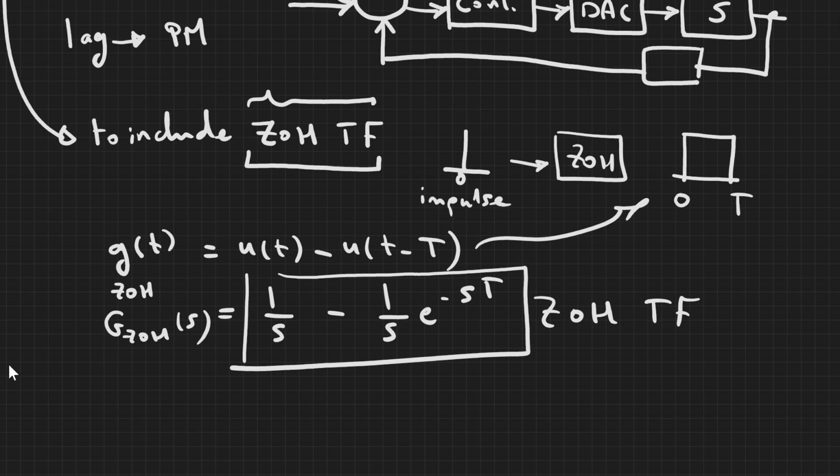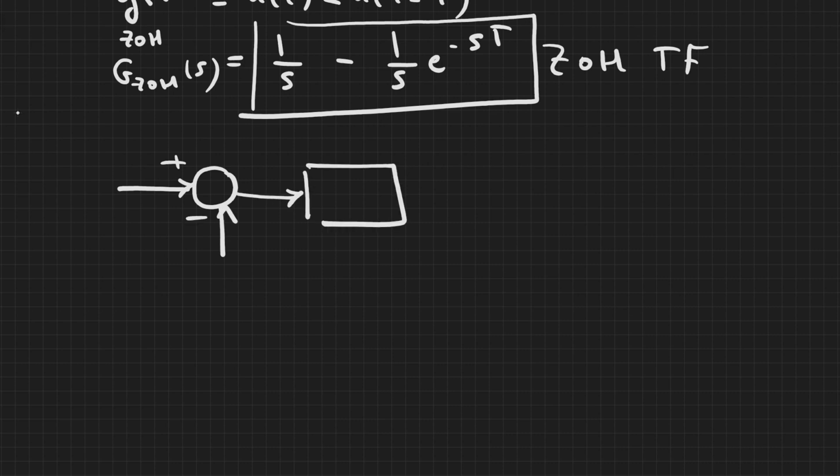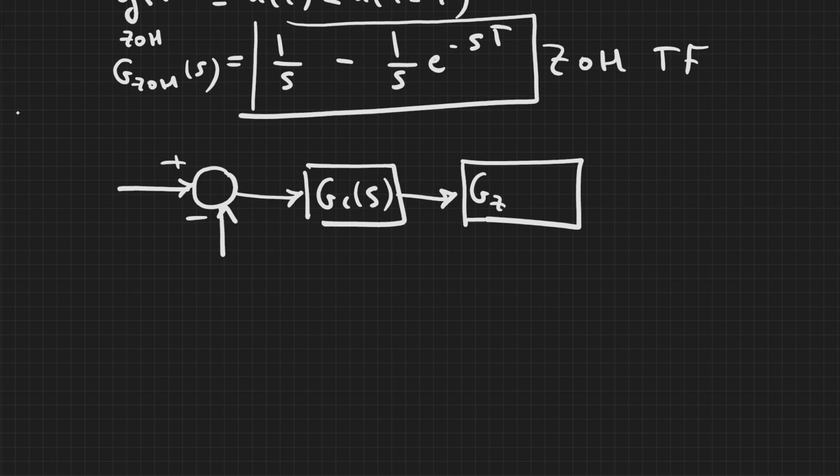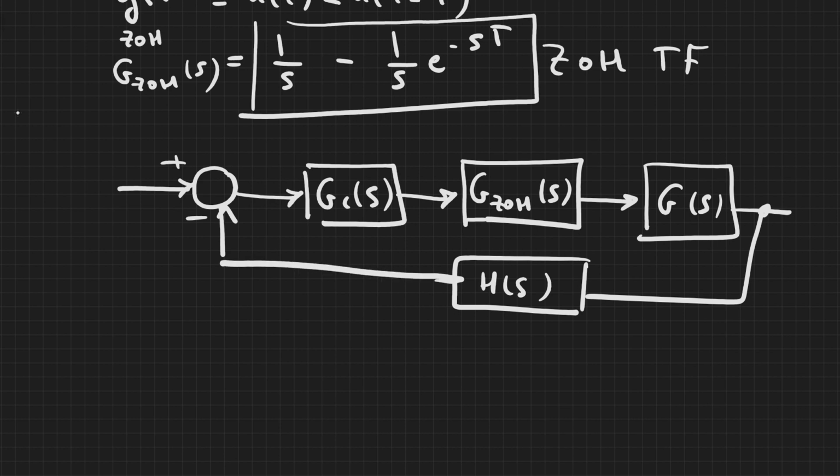We want to consider this transfer function in the S domain while designing our continuous time controller. So what we need to do is the following. In the beginning we have our controller, G_C of s, which we want to design, but we also need to add this zero order hold transfer function, then our system G of s, and then our sensor H of s, and that's it.